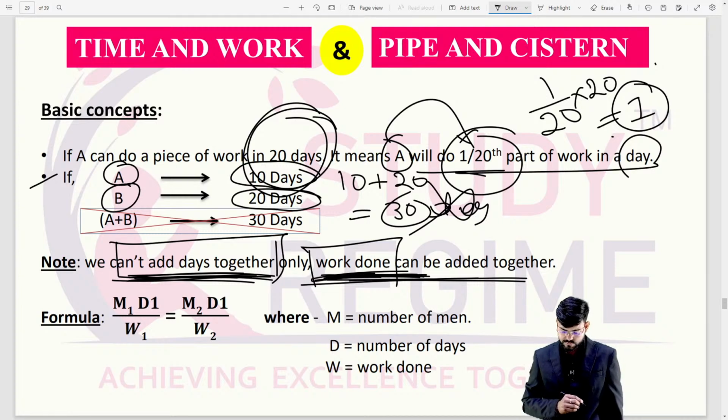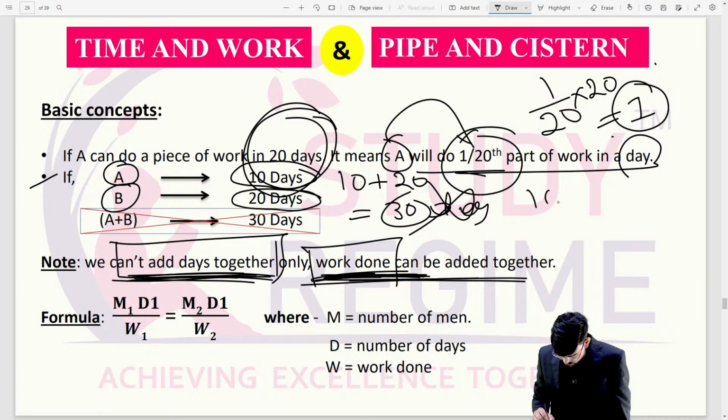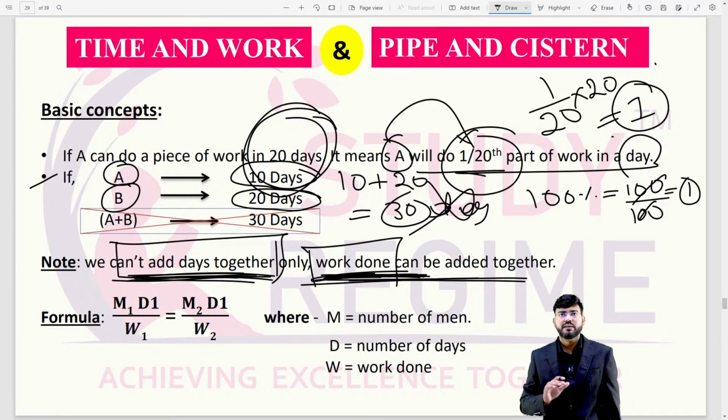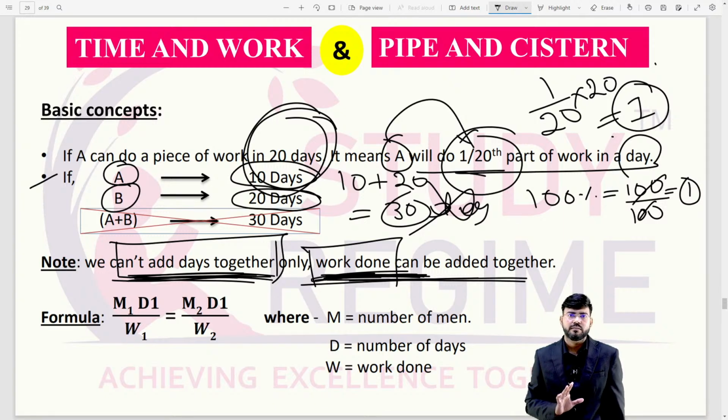What do we understand by 1? It is 100%. If a work is completed 100%, the ratio comes out to be 1. Till now it's clear?